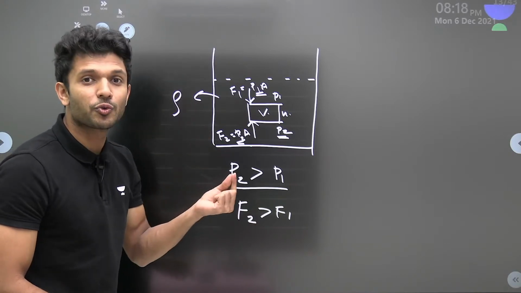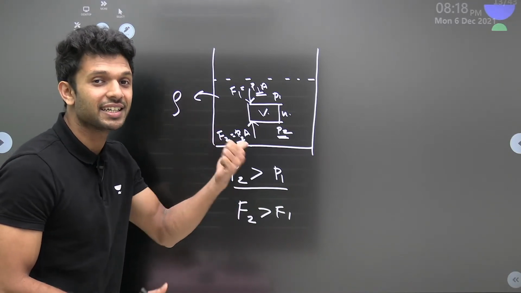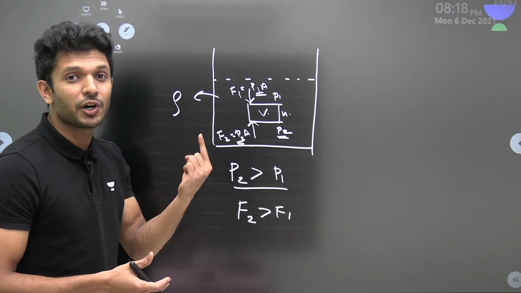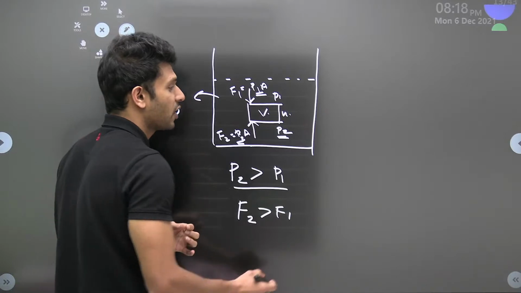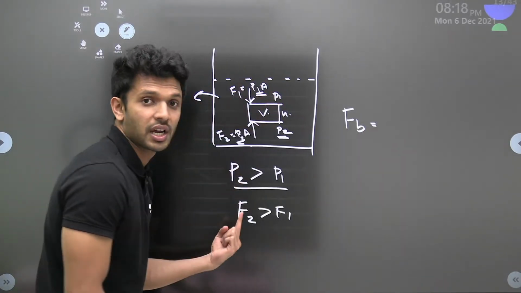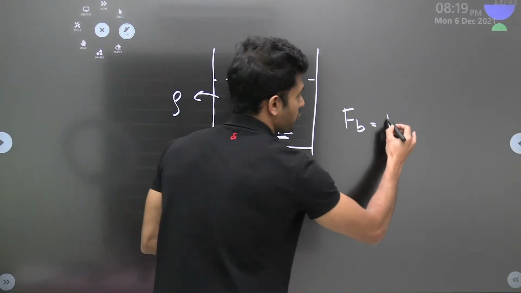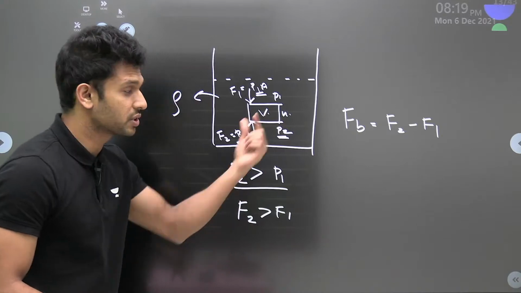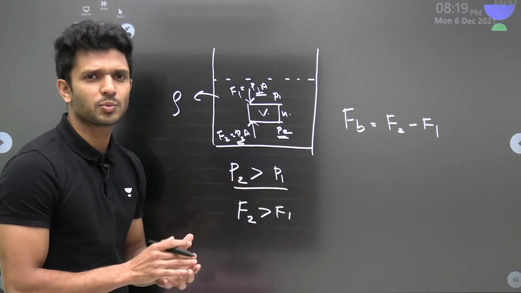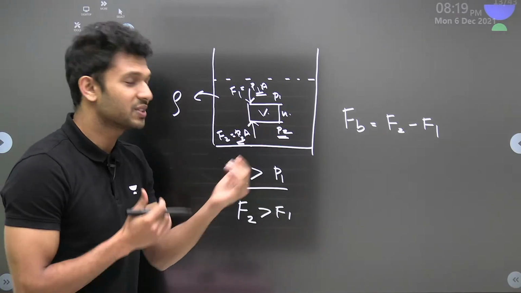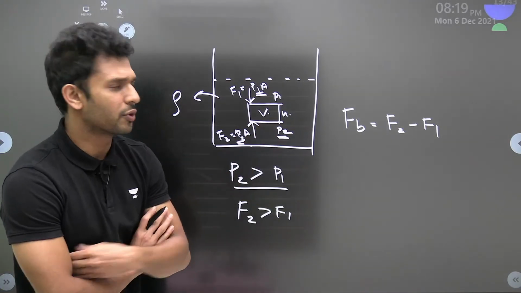That net upward force acting on the body is called the buoyant force. The large upward force F2 minus the small downward force F1 is the buoyant force. The resultant of upward and downward force is the buoyant force.